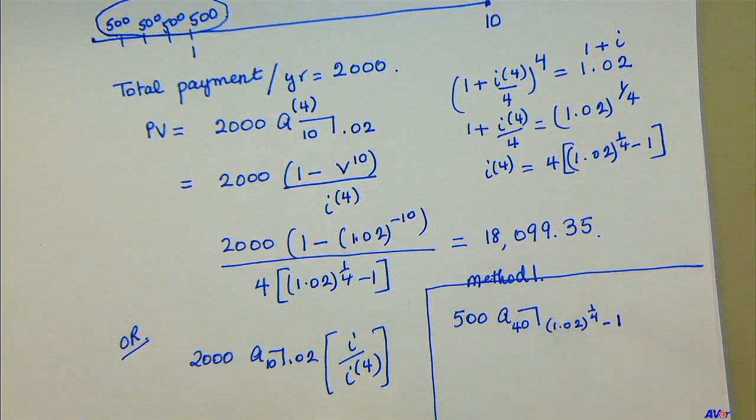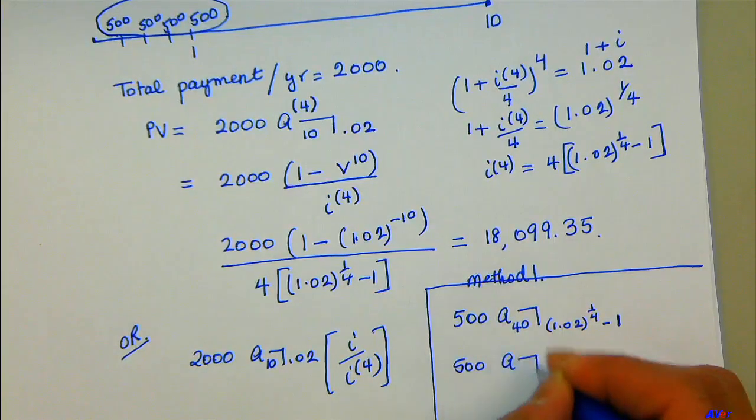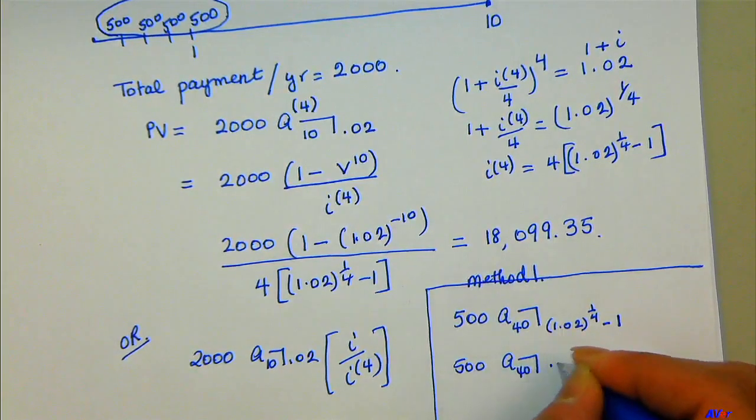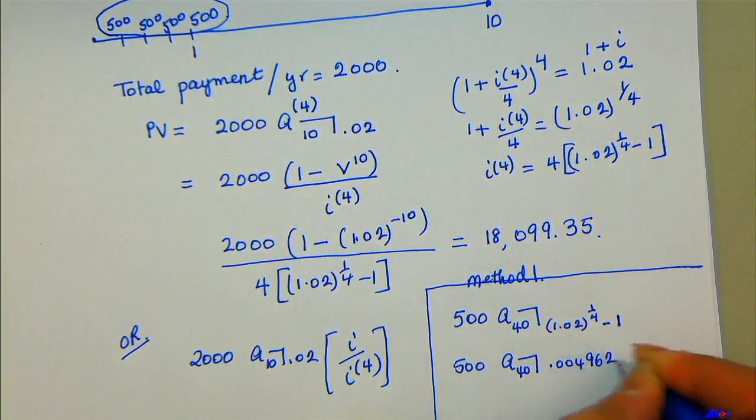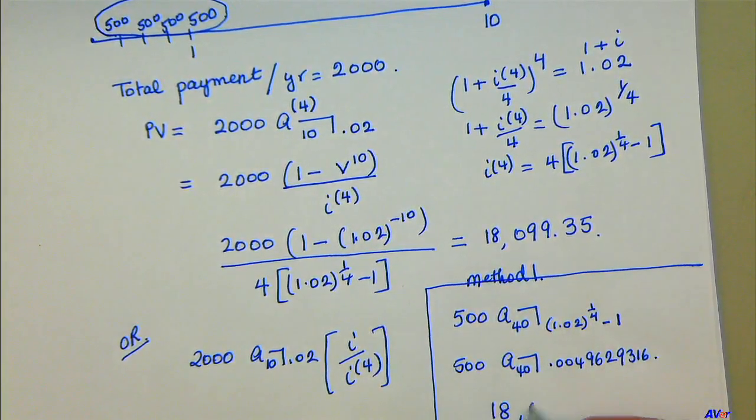That's the rate. So 500 times a angle 40 at 0.00496293316. When you clean this up, you get the same answer, 18,099.35.